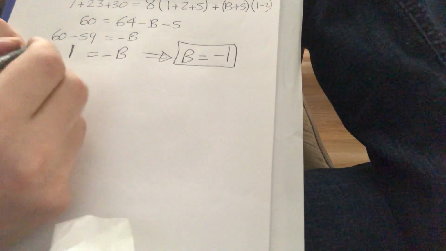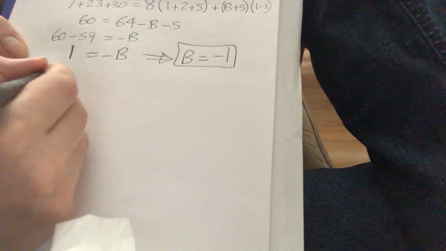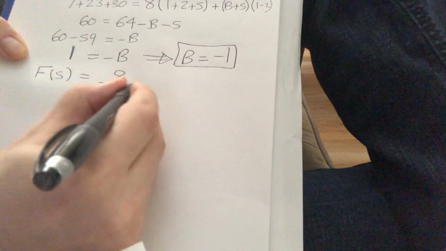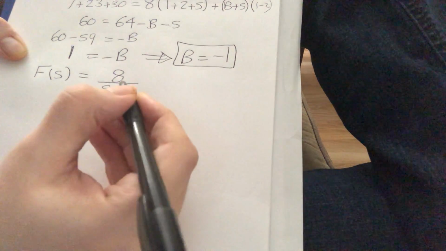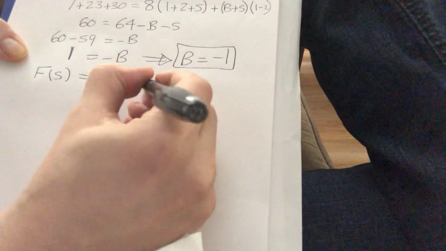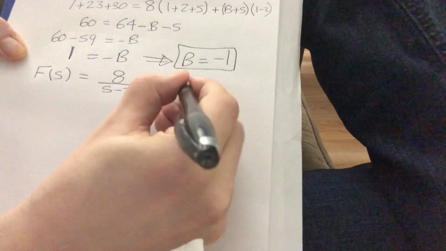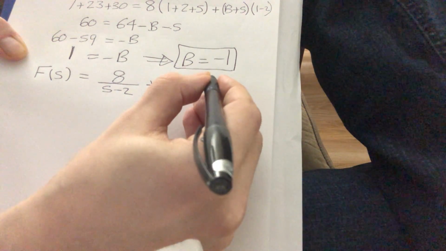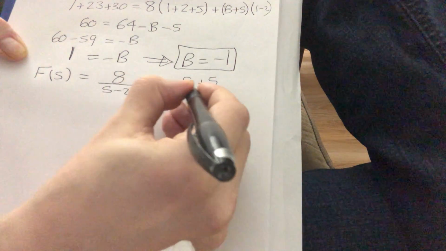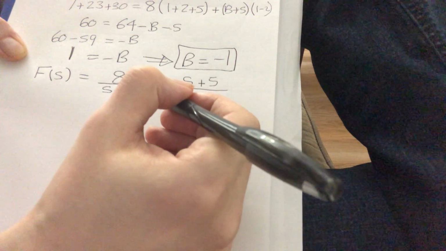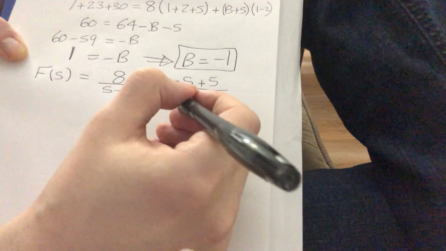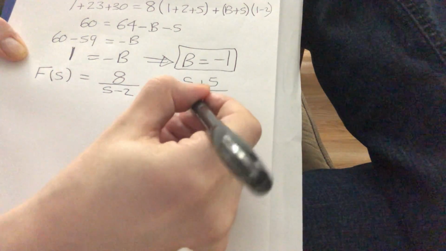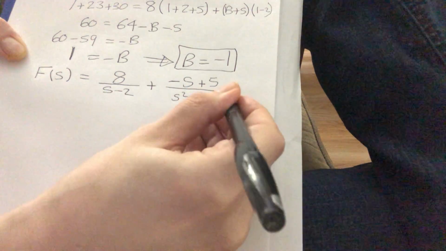So now after doing this, my function becomes a over s minus 2, minus s, plus c, which is 5, and in the bottom we go s squared plus 2s plus 5.